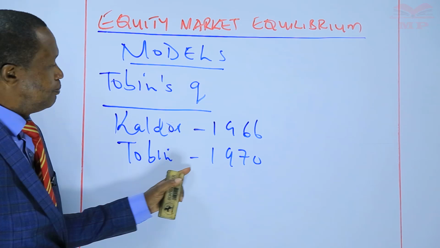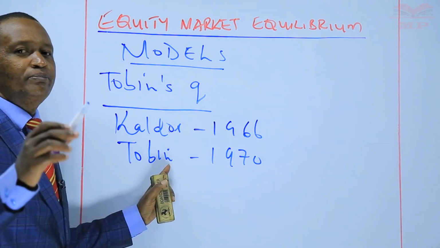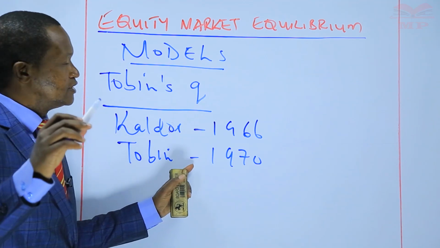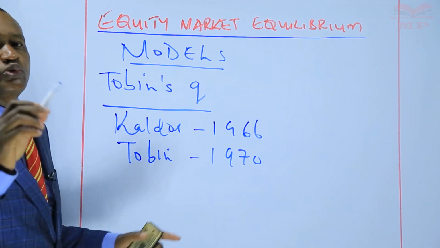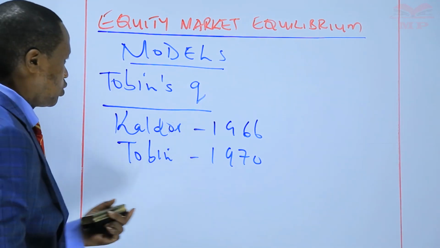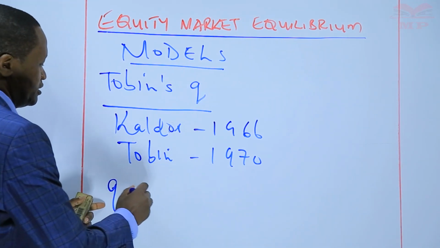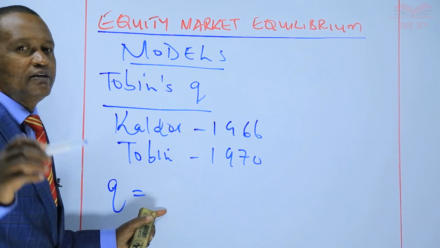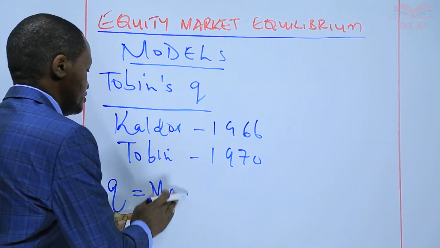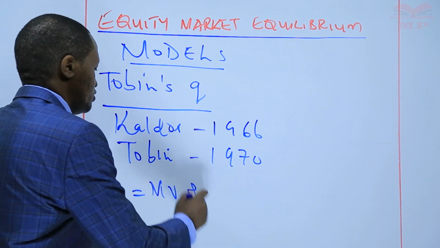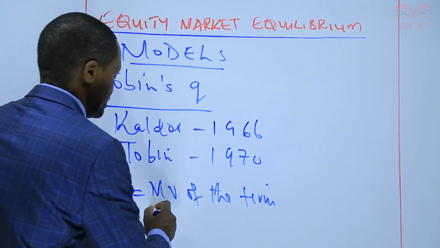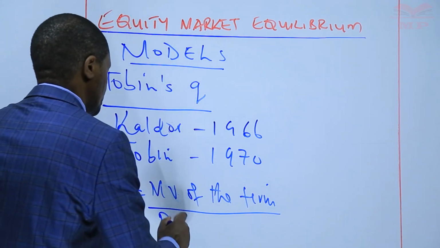Now, Tobin described this model using two quantities. That is the market value of the firm and the replacement cost.